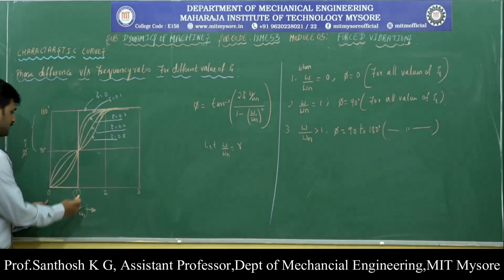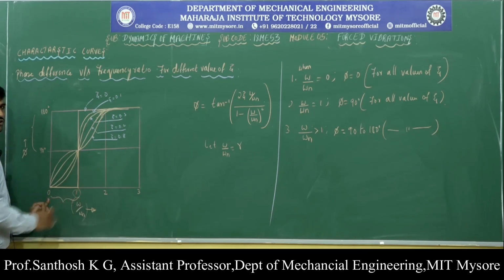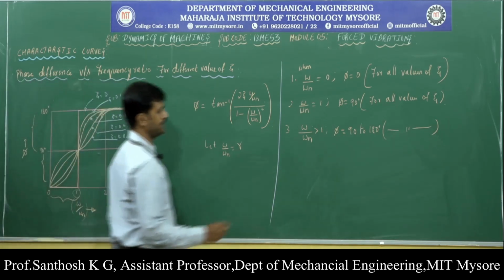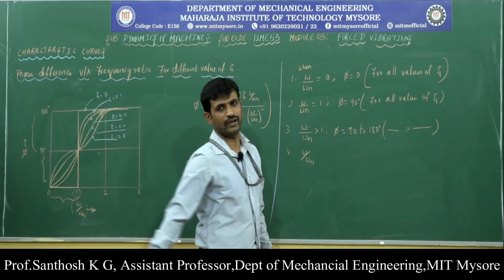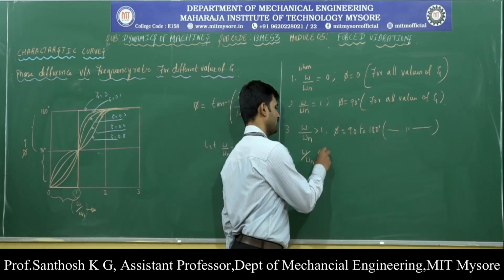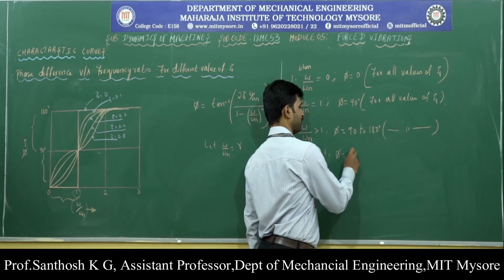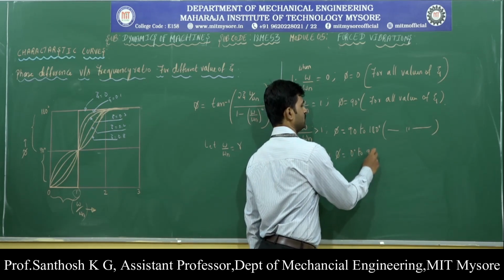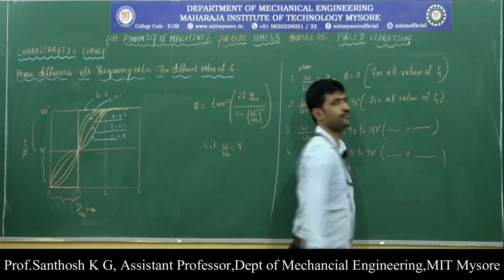Also, when omega by omega n lies between 0 and 1, the phase difference phi will be in the range 0 to 90 degrees. So the next conclusion is when omega by omega n is less than 1, the value of phi will be between 0 and 90 degrees for all values of zeta.